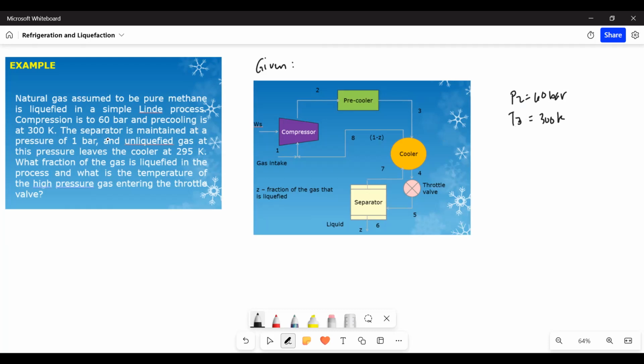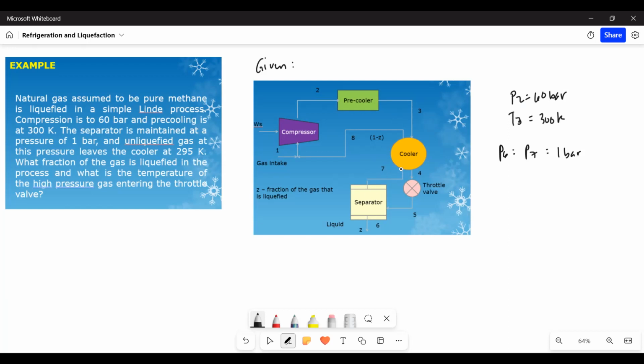Next, the separator is maintained at a pressure of 1 bar. If it's maintained at a pressure of 1 bar, it means that P6 equals P7 equals 1 bar. And then unliquefied gas at this pressure leaves the cooler at 295 Kelvin.